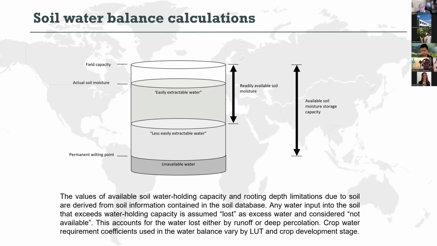And of course, crops will do well as long as the soil moisture range is within the easily extractable part. And it is the task of the soil water balance calculation to find out what the soil moisture status is and what therefore the implication is for each land utilization type.